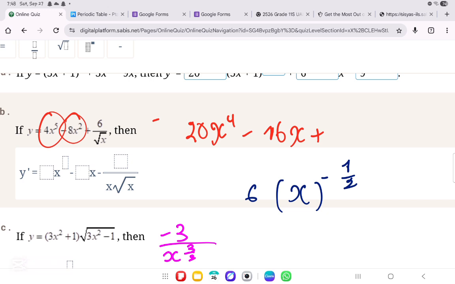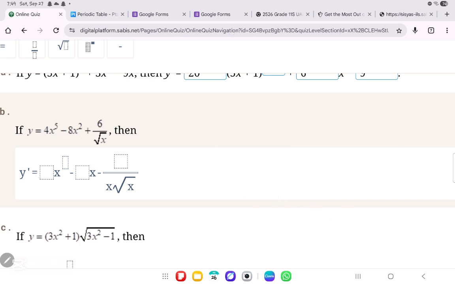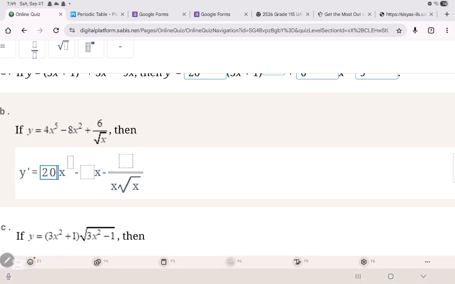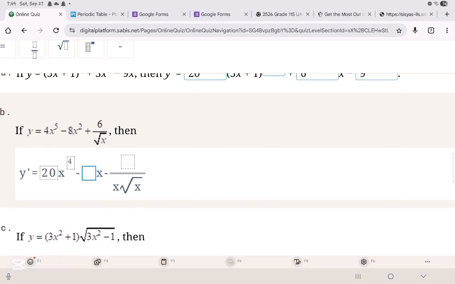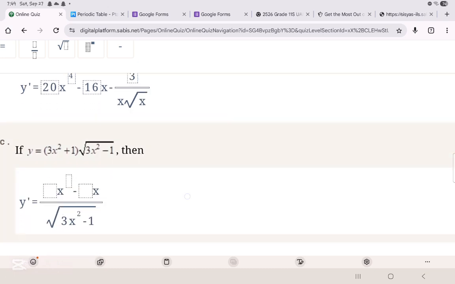So it's minus 3 over x times x to the power of 1 over 2. That means very simply we can write it as minus 3 over x radical x. Brilliant. So we have 20x to the power of 4 minus 16x minus 3 over x radical x.